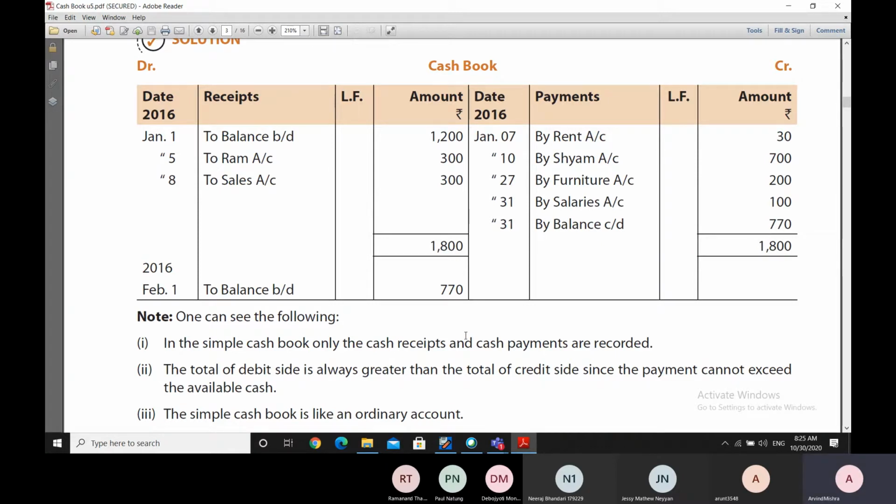Then this 770 is written on the debit side also as "To balance brought down 770" on the first of the next month. So as you can see, we are making month-wise entries, and on the first of every month we are carrying forward the balance.